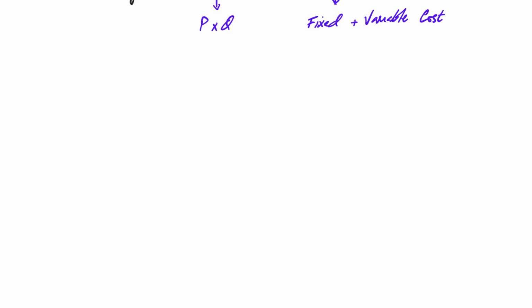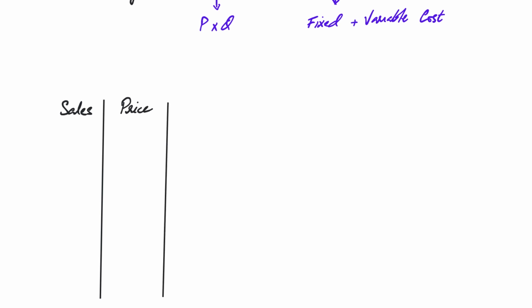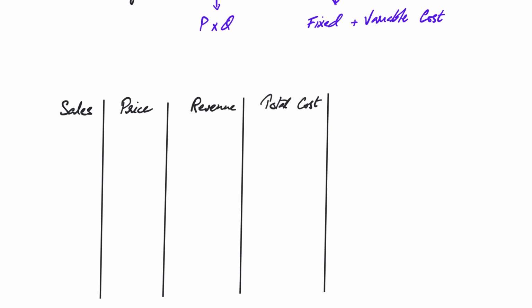You're going to have sales, we will have the price, and I want you to calculate the revenue. I'll give you the total cost. And let's see what the profit is.